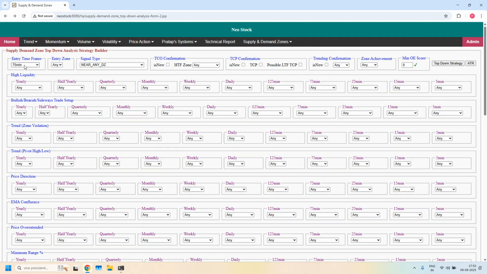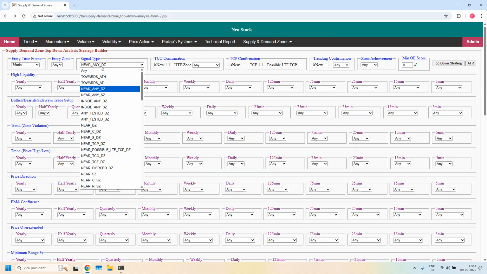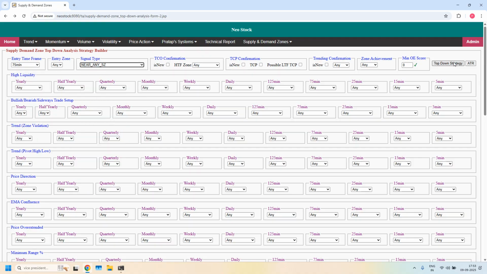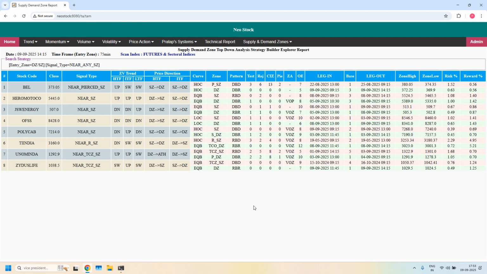Okay, next, for 75 minutes time frame, stocks near to the 75 minute supply zone, we got 8 stocks. Let us identify 75 minutes high liquidity supply zones from this list. TI India is having a 75 minutes high liquidity supply zone.